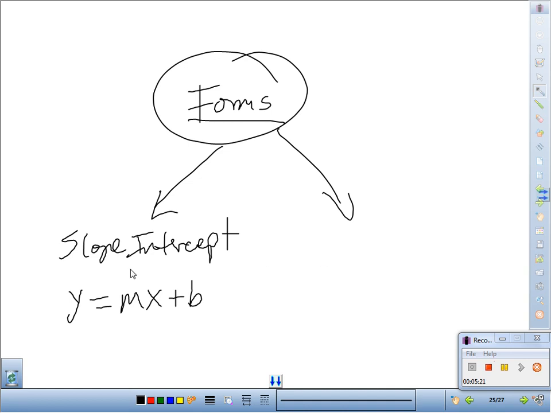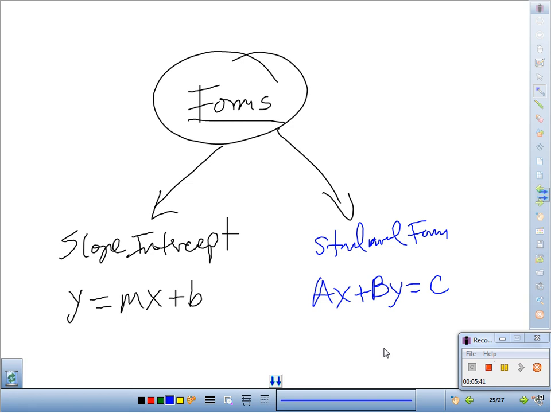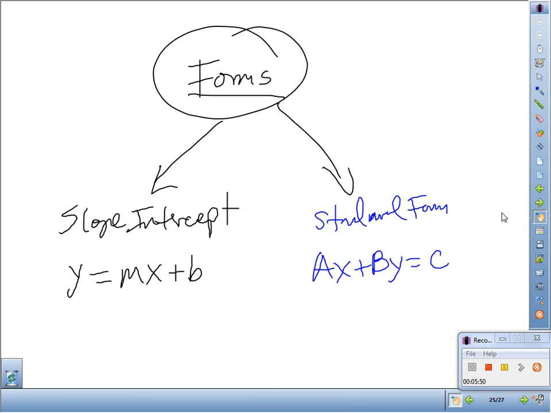Well, there's one more form that we talked about, which is y form, but right now it's part of slope-intercept form. The other one is standard form, which is ax plus by equals c. Guys, focus. Oh my goodness. All right, so here we go. Slope-intercept form, standard form.